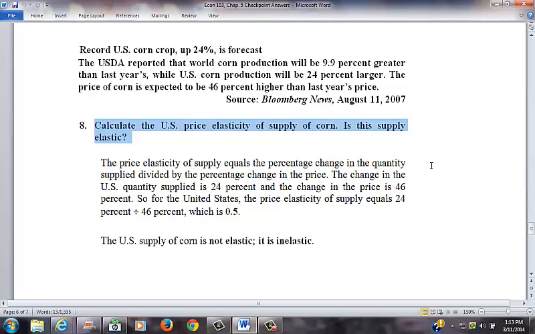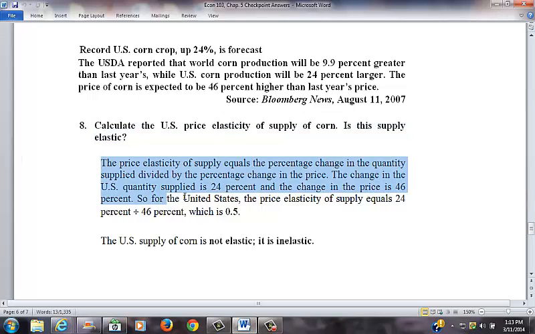Is this supply elastic? The price elasticity of supply equals the percentage change in the quantity supplied divided by the percentage change in the price. Again, it's the same formula that you use for price elasticity of demand and for calculating cross elasticities, but for the price elasticity of supply, it's the percentage change in the quantity supplied divided by the percentage change in price.